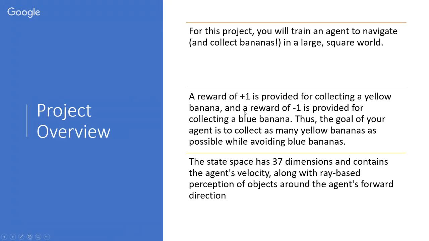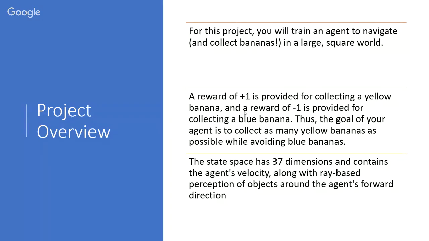Now, just an overview. In the project, you will train an agent to navigate and collect bananas in a large square world. It says square world, but it's actually a 3D world, probably very similar to Doom, the old first-person shooter. It's quite a simple environment, which is good for your first project.